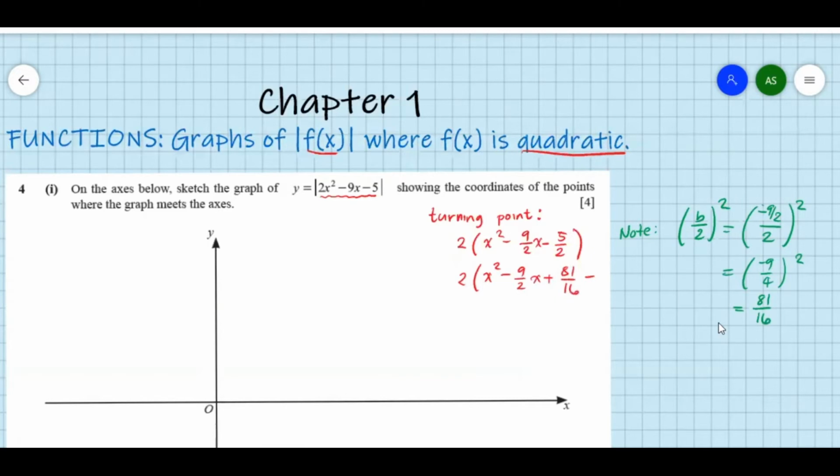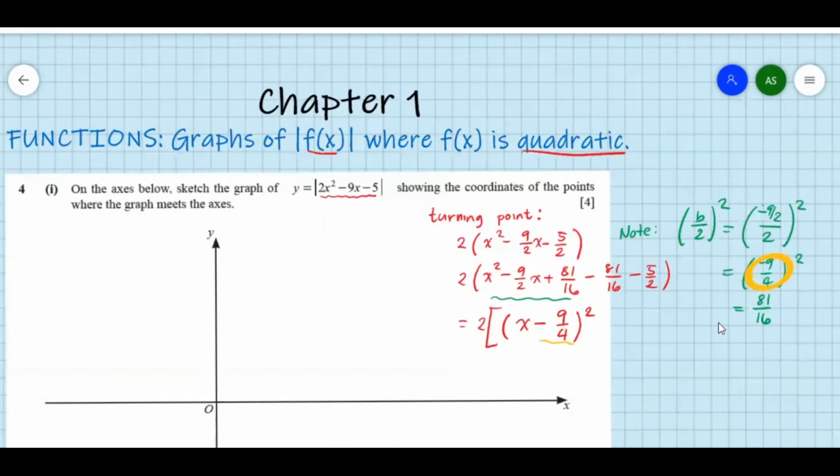And to balance the whole expression, whatever number we added, we must also subtract. Okay? Now, take note that these first three terms here can now be expressed as a square of expressions. So that will give us x minus 9 over 4 squared. See the connection? All right.